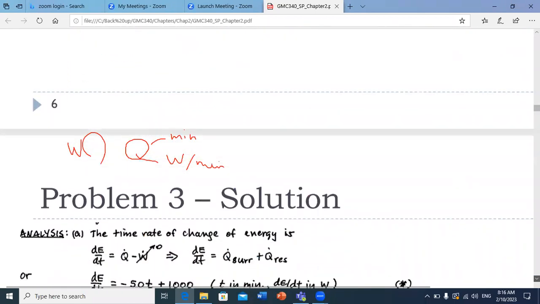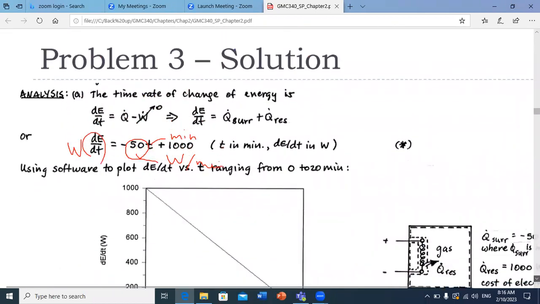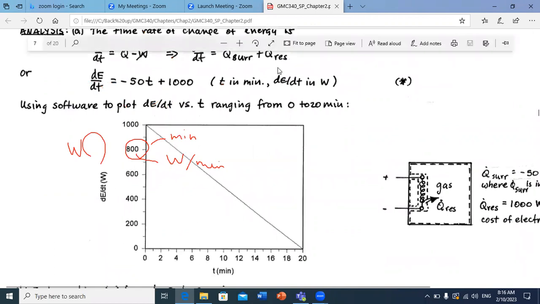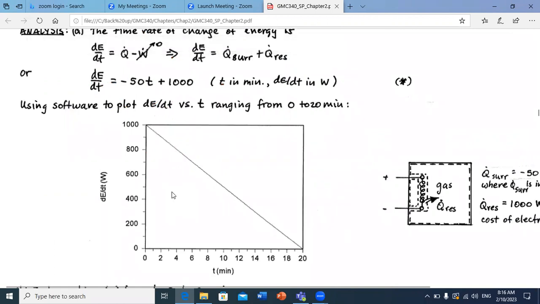Like here we have several possibilities. Okay, so this is dE by dt. We can say that the change, we can do it graphically if you want. Okay, or we can do it by calculation. So here, if we want to do it by calculation to find delta E, all we have to do is integration, because this is a differential equation.